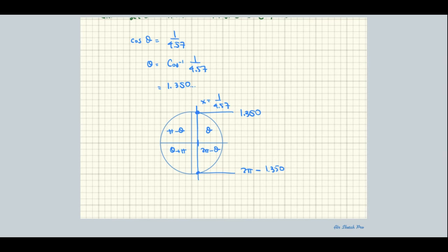Just punch equals. So guys, do that calculation. What do you get? 4.933. Awesome. So there we are. There are my solutions on the unit circle: 1.35 and 4.933.